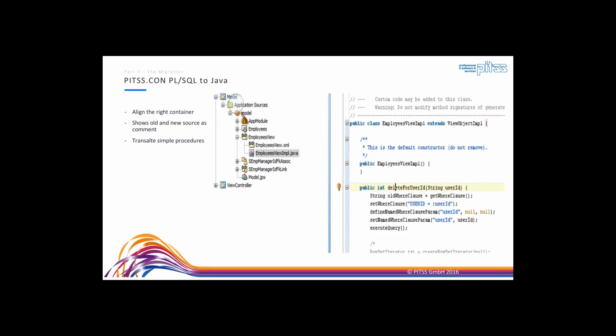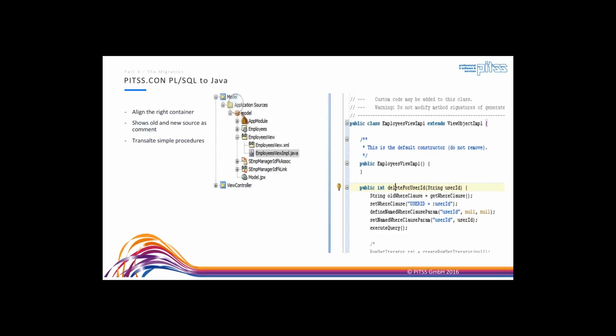That is the old code. We take over the old PL/SQL code as a kind of comment, and you can decide to keep it or not. You can throw it away when you finish your changes, or you can stay on it to have a good idea what is going on in this code.